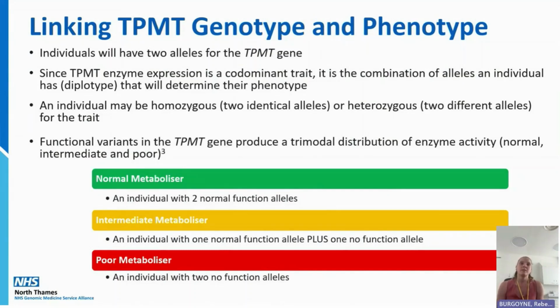Functional variants in the TPMT gene produce a trimodal distribution of enzyme activity, and this is normal, intermediate, or poor. So if patients are a normal metabolizer, these are those that have 2 normal function alleles. Individuals with 1 normal function and 1 no function allele are intermediate metabolizers, and individuals with 2 no function alleles will be poor metabolizers.